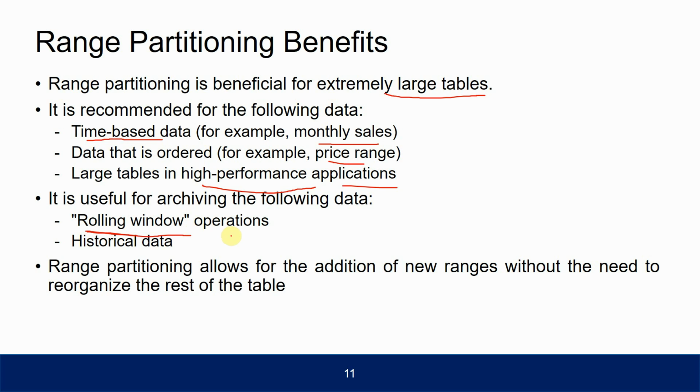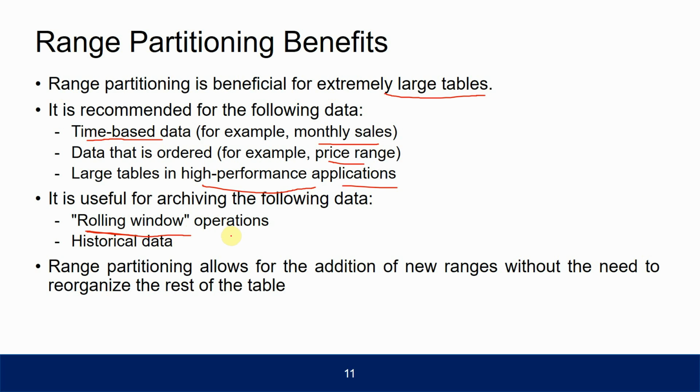Rolling window means, for example, I am working on financial year 2021-22. Suppose my retention period required by government policies and liabilities is 5 years. So I create a partition for every year.